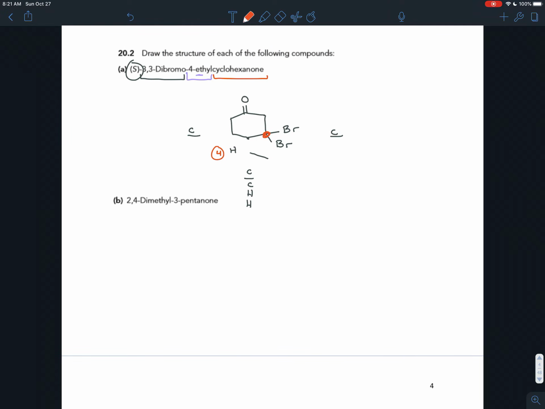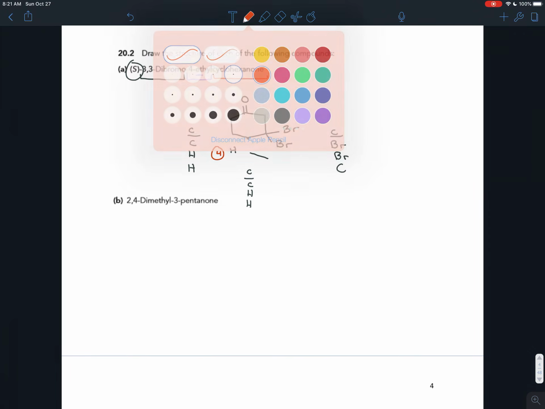The carbon on the right, going away from the chiral center, is bonded to 2 bromines and a carbon. So I'm going to put those in descending atomic number. Bromine, bromine, carbon. And the carbon on the left is bonded to, going away from the chiral center again, a carbon and 2 hydrogens. So I'm going to put those in descending atomic number, carbon and 2 hydrogens.